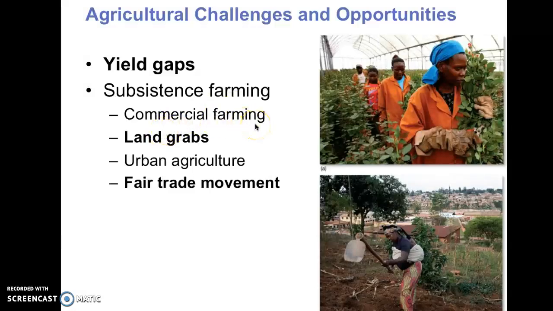Commercial farming, primarily owned by foreign corporations, large scale, a lot of fertilizers used, wealth extraction. Land grabs is simply the consolidation of land. So you have large corporations coming in, buying up land, consolidating it into these large plantation farms for export.